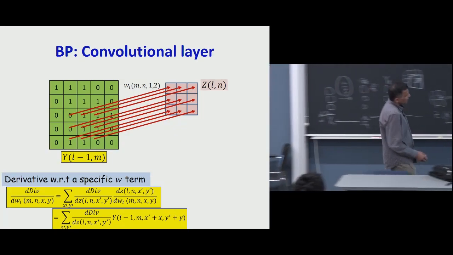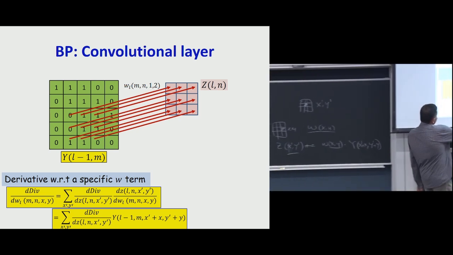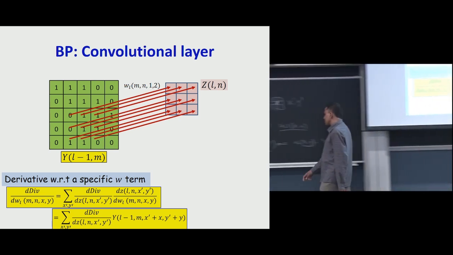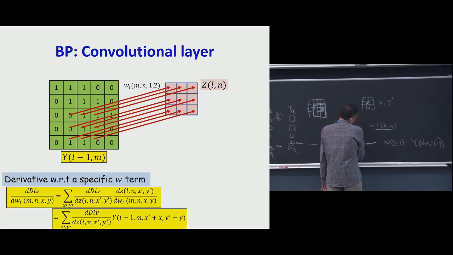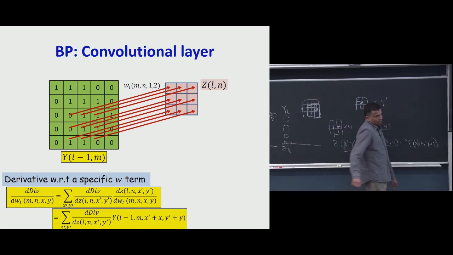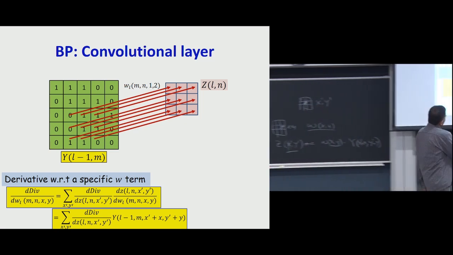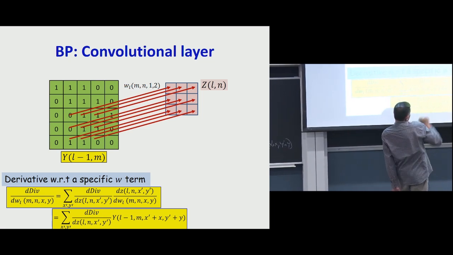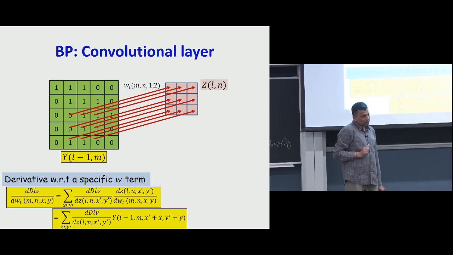So this really means that the derivative of the divergence with respect to the weight is simply going to be the derivative of the divergence with respect to z times this y. Right? So the derivative of the divergence with respect to the weight is the derivative of the divergence with respect to z times the derivative of the z with respect to the w.